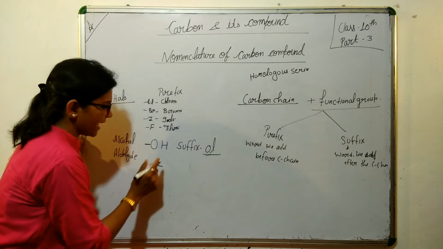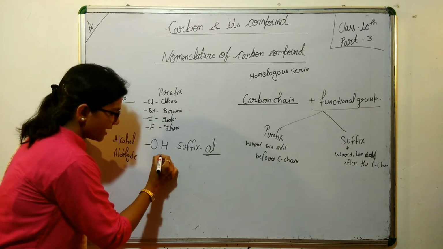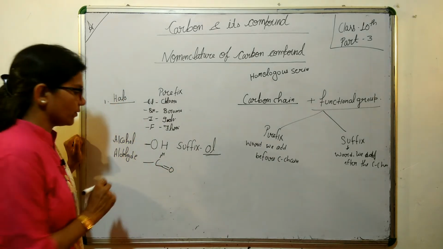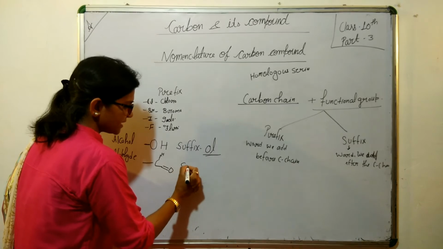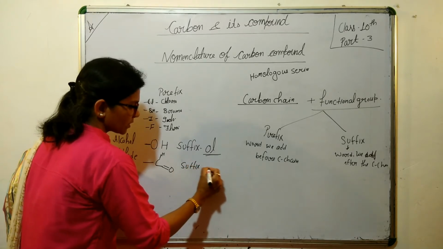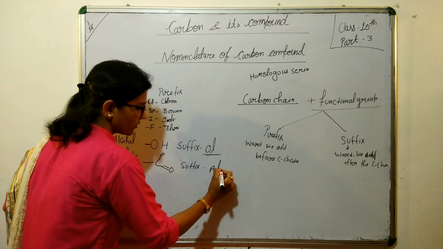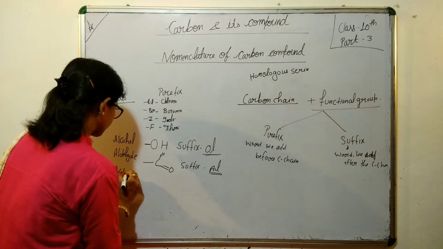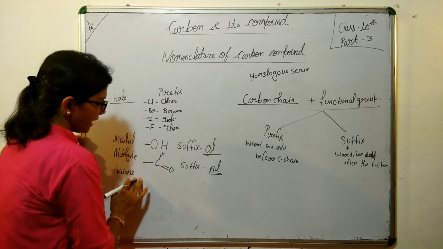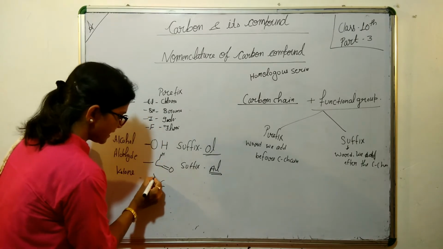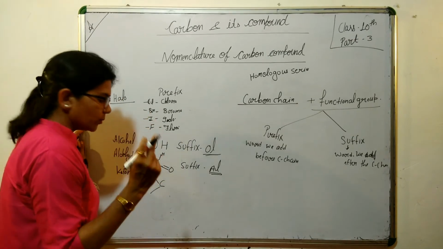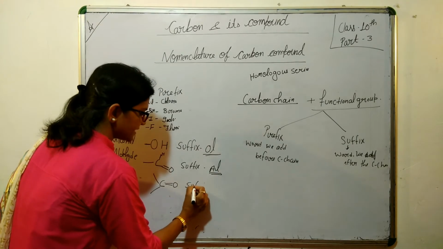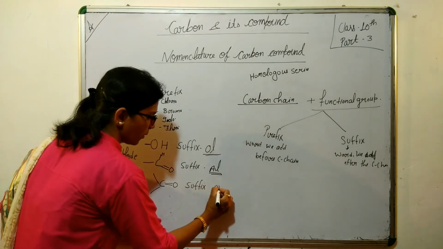Now the aldehyde is CHO, then there is one bond left, and the suffix here is al. Then it is ketone. In the ketone, C has 2 bonds left and there is a double bond with O. The suffix added here is one.